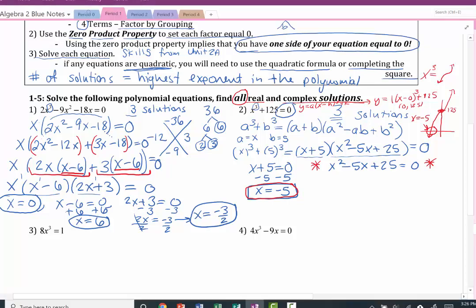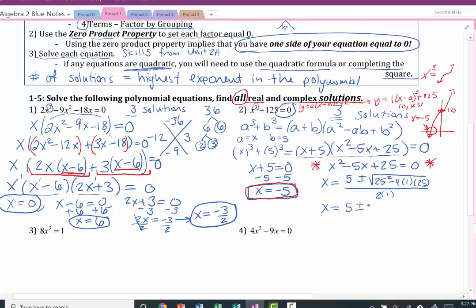So I'm going to find those by using the quadratic formula. The solutions will be -b plus or minus the square root of b squared minus 4ac, all over 2a, which in this case is just 2. So I just need to simplify this expression here.